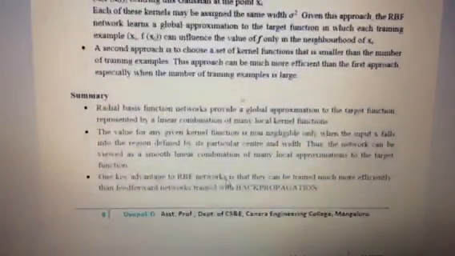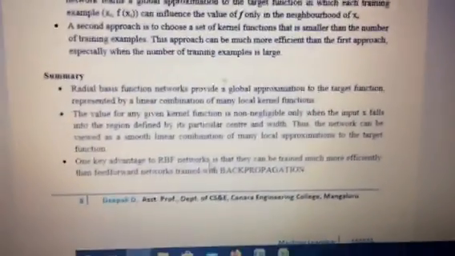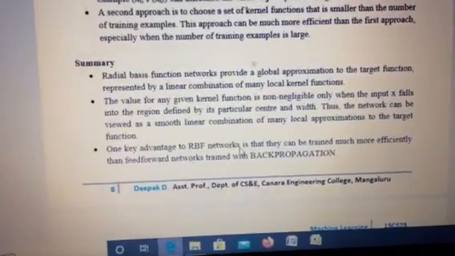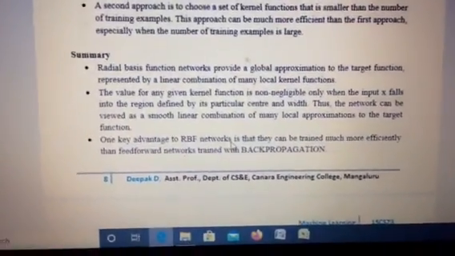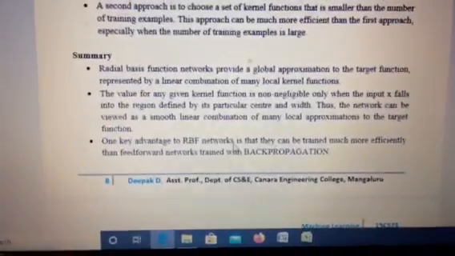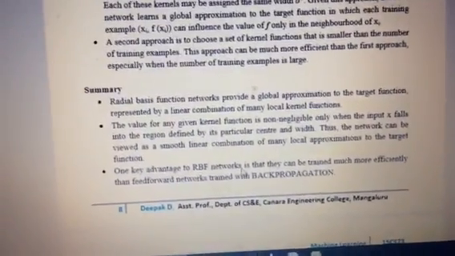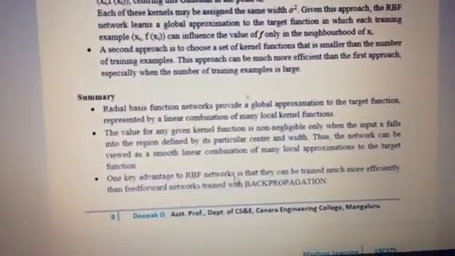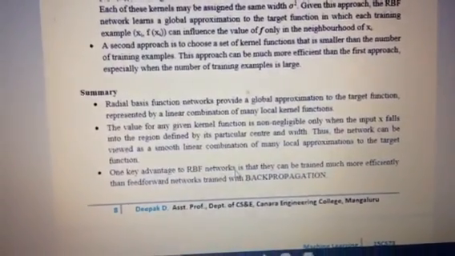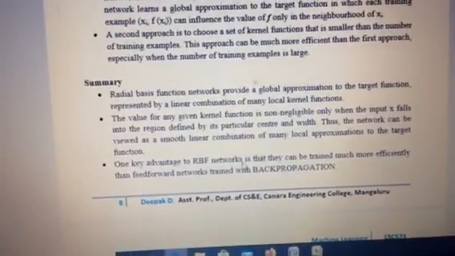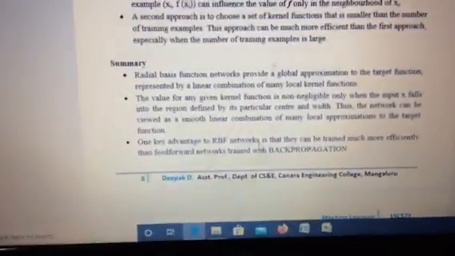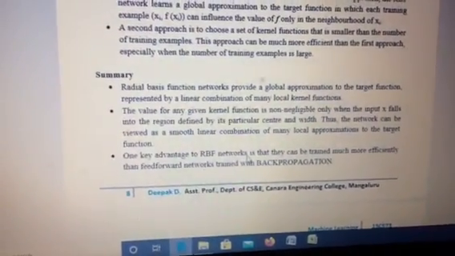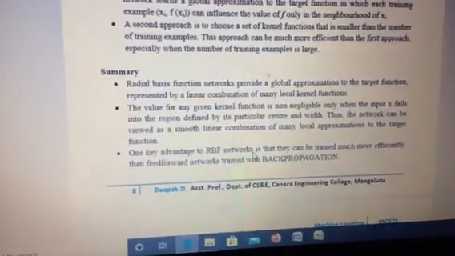So as a whole, the summary of a radial basis function is that it is a combination of a distance weighted algorithm or regression method and an artificial neural network. Here, artificial neural network indicates that we are performing computation in terms of layers, whereas distance weighted regression indicates an assignment of weight for each of the data points.